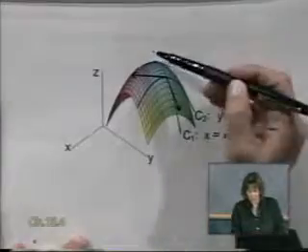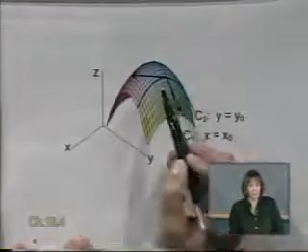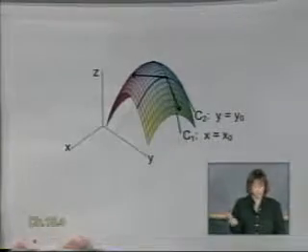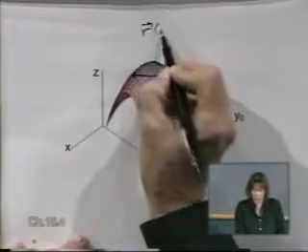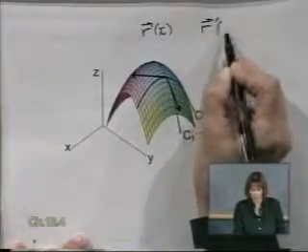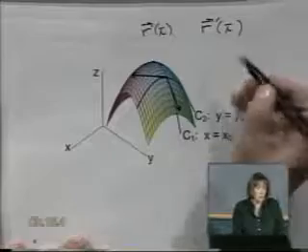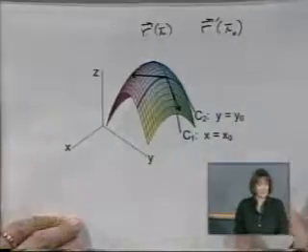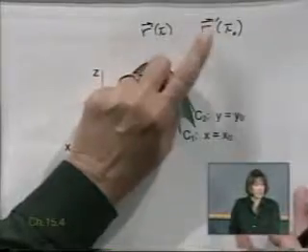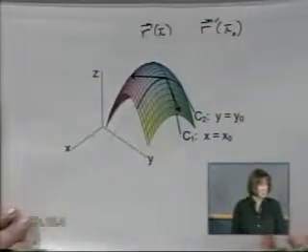Now notice, here I have curve 2, here I have curve 1. Remember back in chapter 14, we learned that if you had a function r of t and took its derivative r prime of t, and evaluated it at t naught, you got a vector that was tangent to the curve at the point that corresponded to t equals t naught, right?